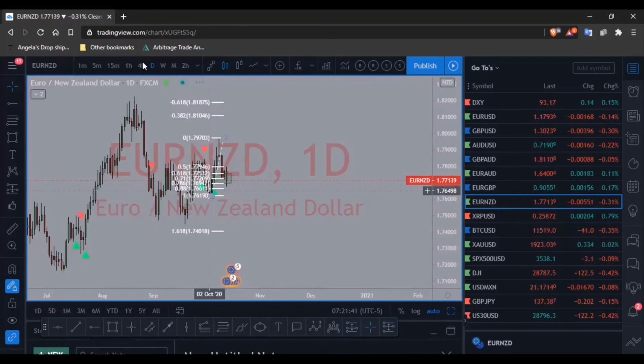So actually, let me go to the 4-hour, and then I'm going to switch over to arbitrage to give me this setup, because it looks promising. Definitely looks promising to me.